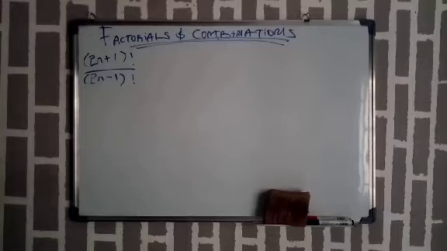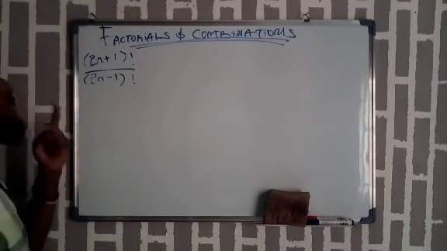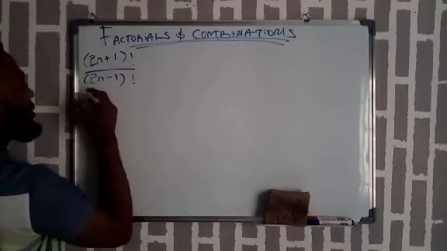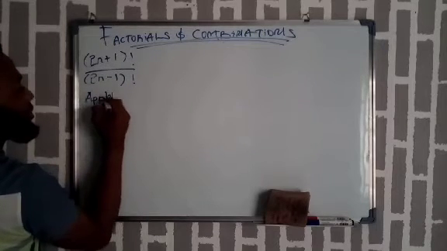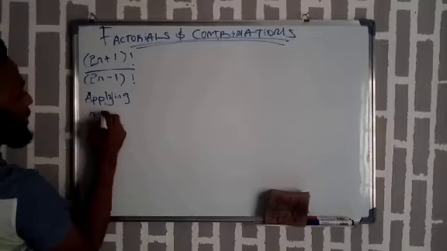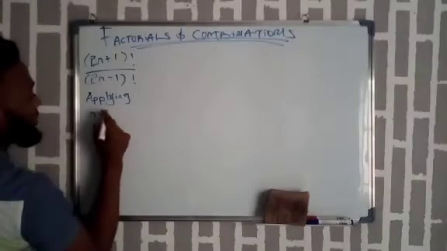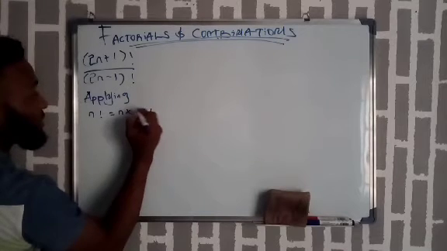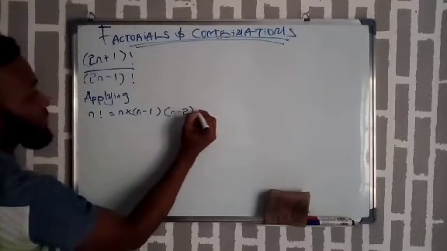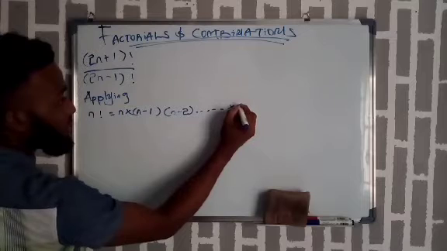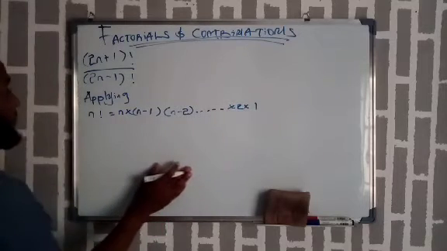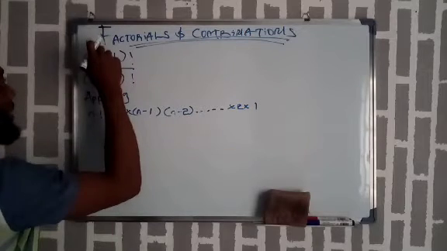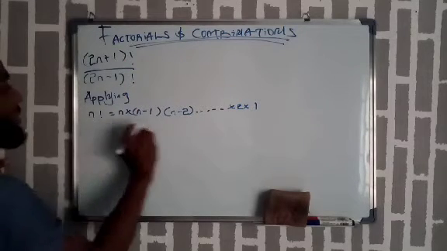This is solving a problem on factorials. Applying what I told you, n factorial equals n multiplying n minus 1, n minus 2, and so on. We apply the same thing, and n in this case becomes 2n plus 1.